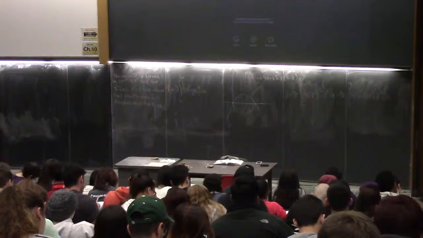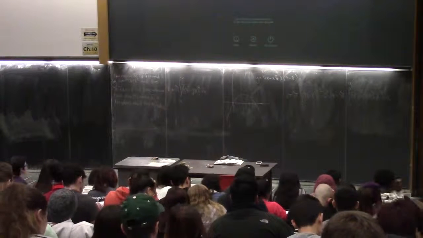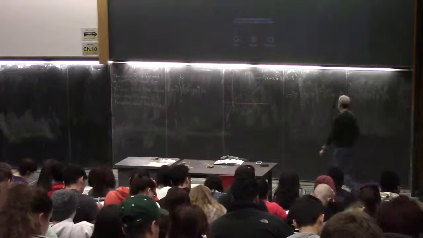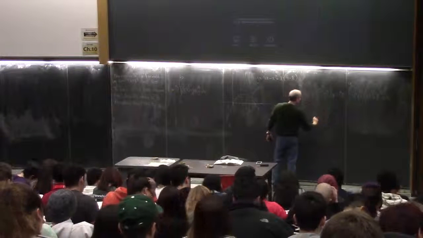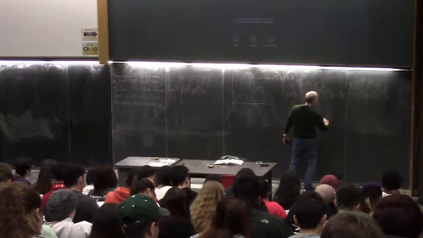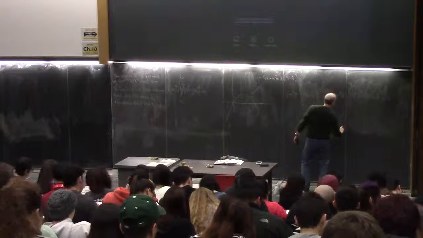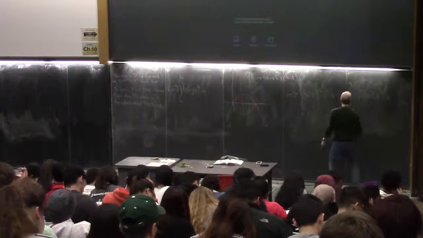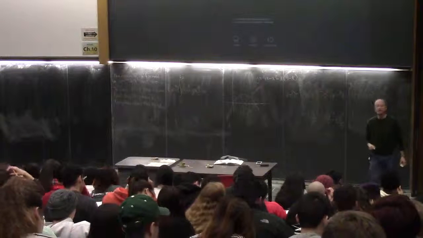Maybe some faster than others. That is 81x cubed over 3 minus 18x to the 4th over 4 plus x to the 5th over 5 from 0 to 9. I would never ask you to plug 9 in.